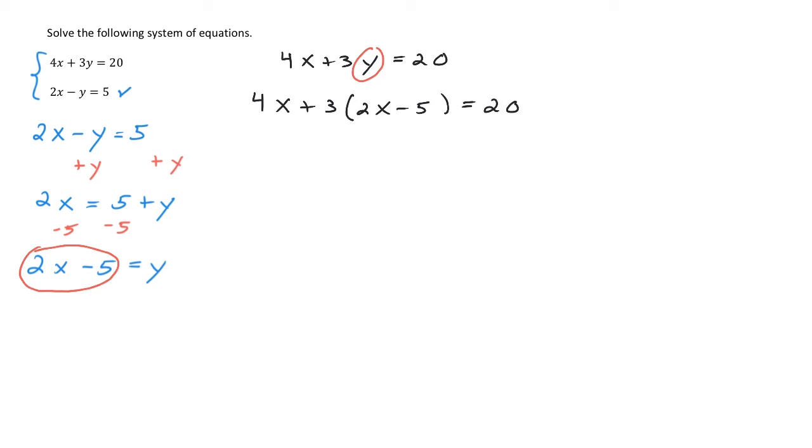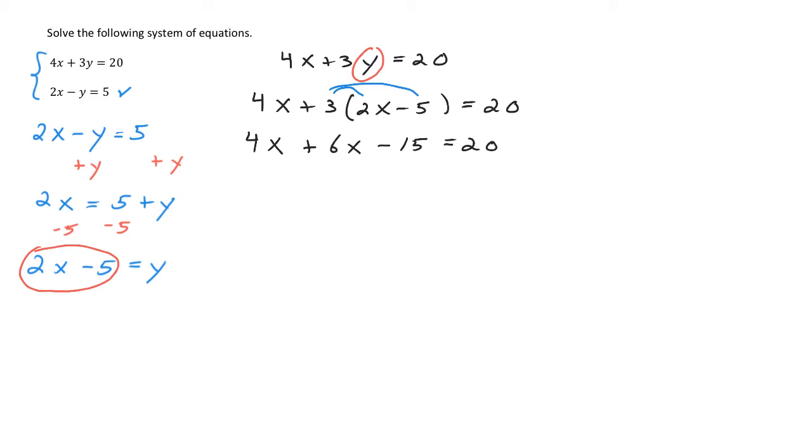So I've taken, again, both equations and I've used them to reduce it down to one equation that has only x's in it. I can now solve this thing for x. So I have 4x plus, I'm going to distribute the 3 into the parentheses. Multiplying it in, I get 6x minus 15, that's equal to 20.